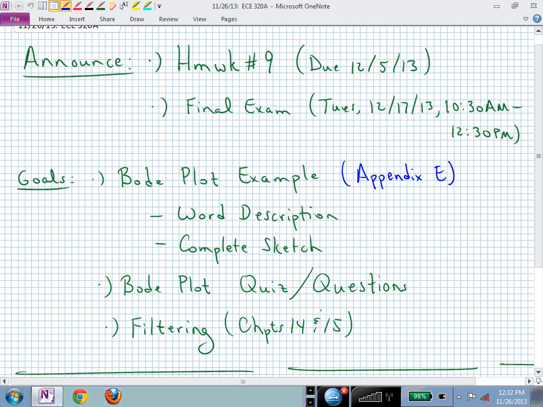I don't think we're going to get there, but if you want to read ahead, chapters 14 and 15 is where we are headed with filtering. Chapter 14 is passive filters, which means RLCs interconnected in a way to produce filtering behavior. And chapter 15 is active filters. Now we have op amps that we can put in there. We've energized circuit elements, we have those powered up, and now we can put components around those to produce certain filtering behavior.